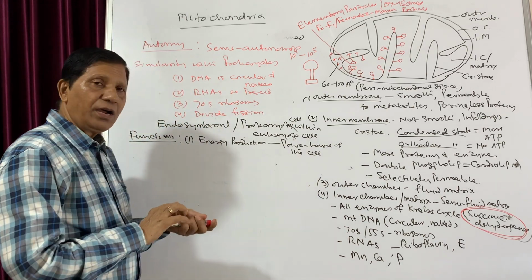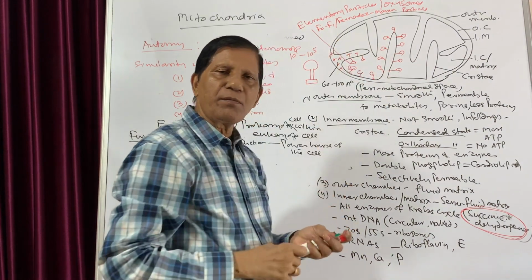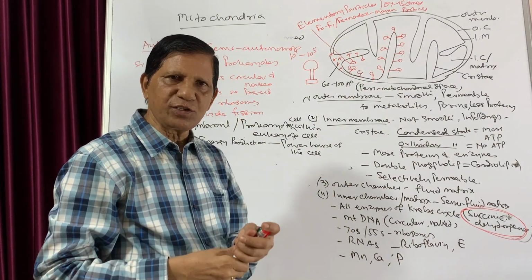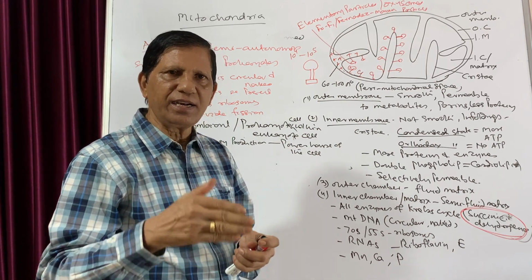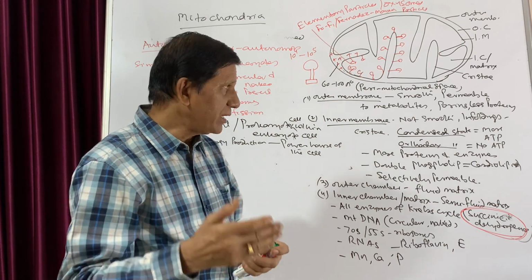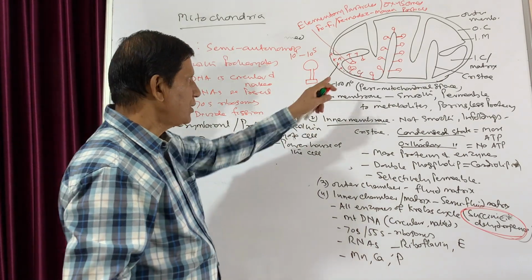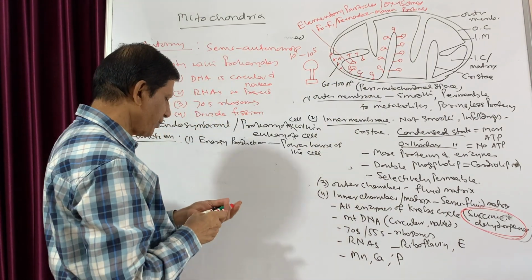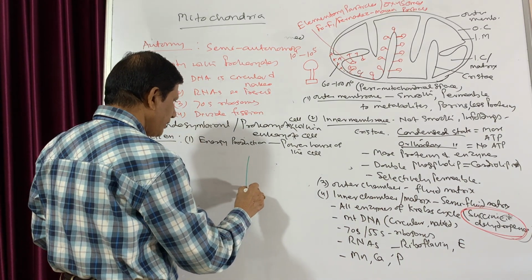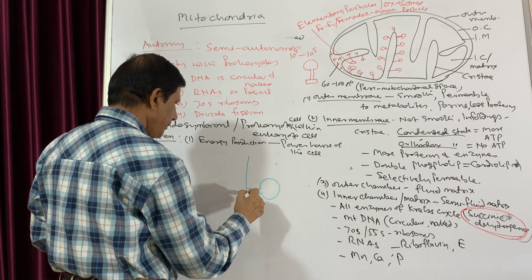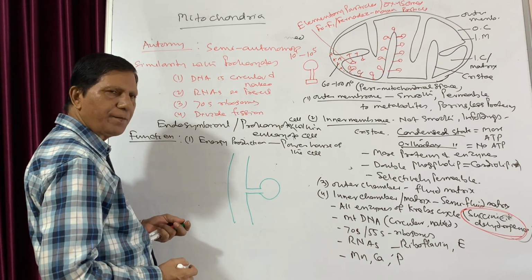So actually what happens in this inner chamber or matrix, when the Krebs cycle takes place and the different reduced coenzymes are produced, these reduced coenzymes like NADH2, FADH2, they undergo electron transport through this inner membrane where these elementary particles are present. That means if this is the inner membrane, then this is the elementary particle, and this is the outer membrane.